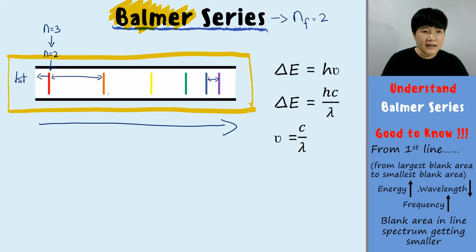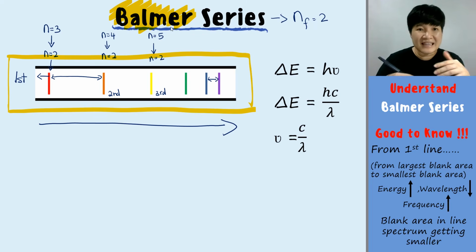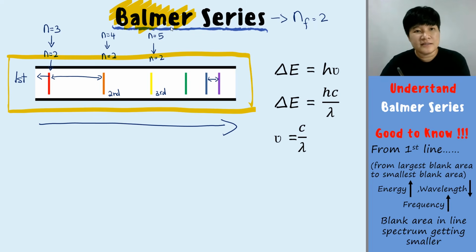The second line will be n equals 4 dropping to n equals 2. The third line will be n equals 5 dropping to n equals 2. See that? That is how we read the line spectrum of the Balmer series.